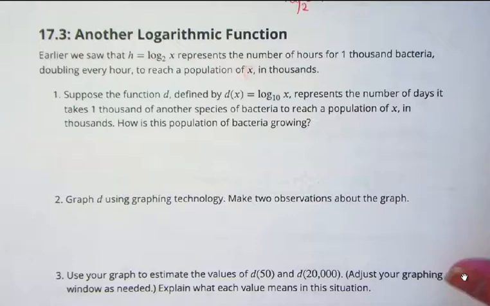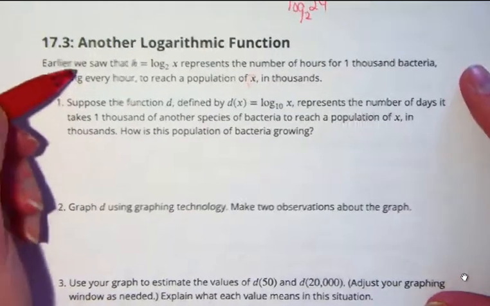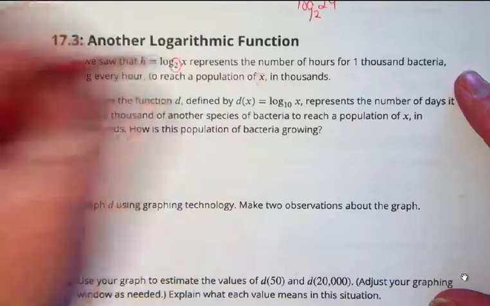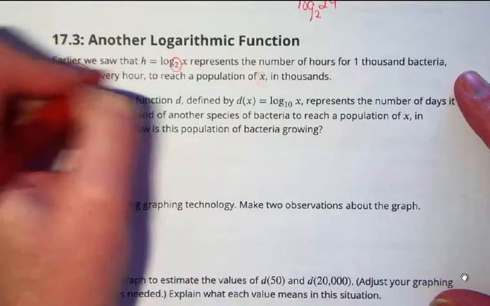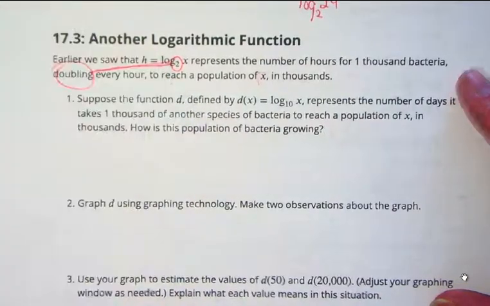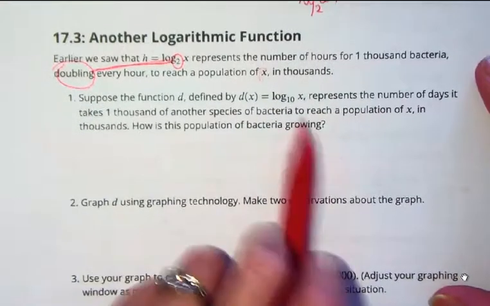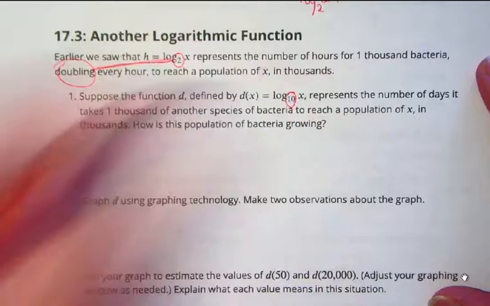Well, what we're seeing is that our one earlier had a base 2 and it was doubling every hour. So I'm going to make that connection up here in our example before. And this one, the only change is that this is in base 10.